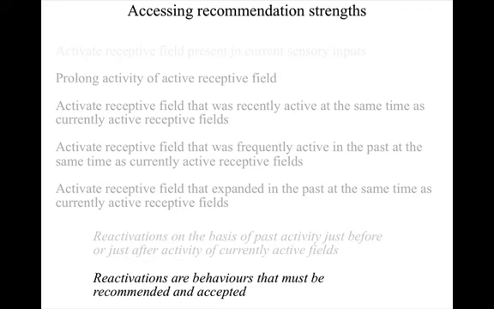And there's always the proviso that activation of all the receptive fields that had any correlation with the currently active receptive fields would result in chaos. So indirect activations must be behaviors that are recommended and accepted or rejected just like any other behaviors.